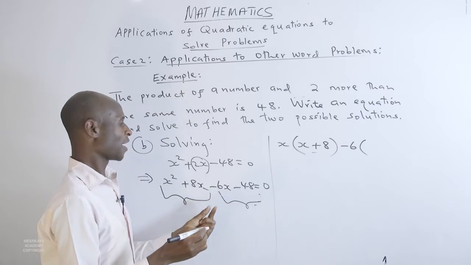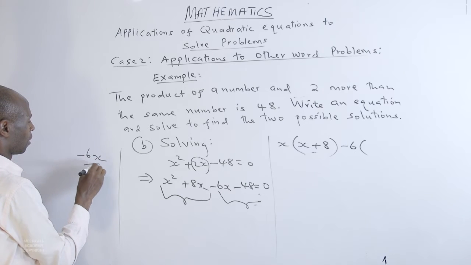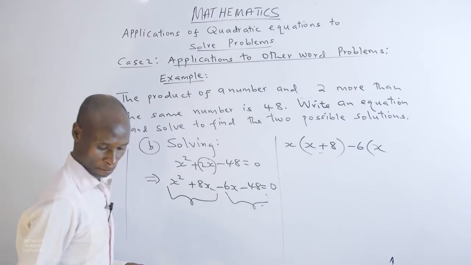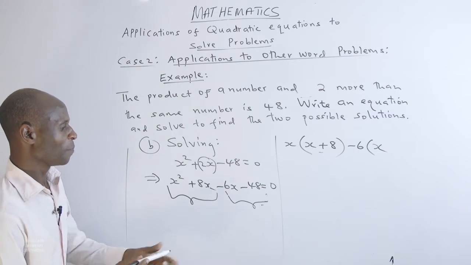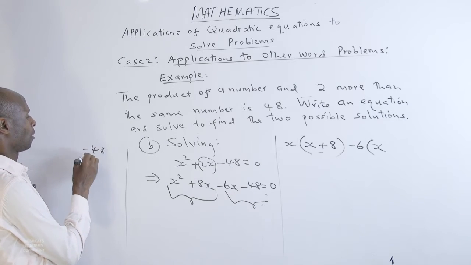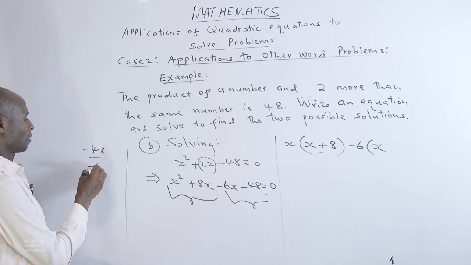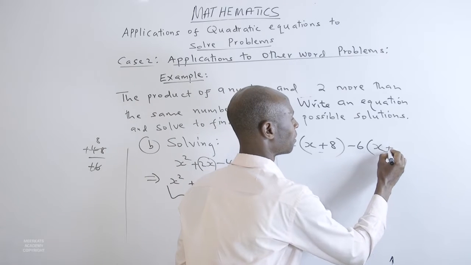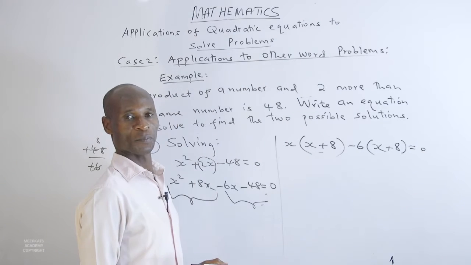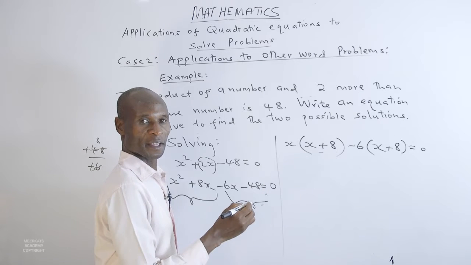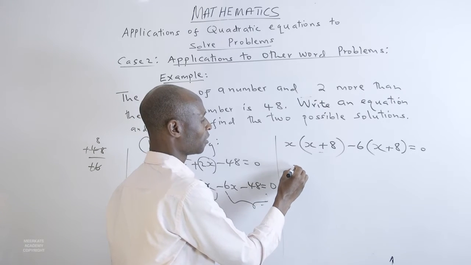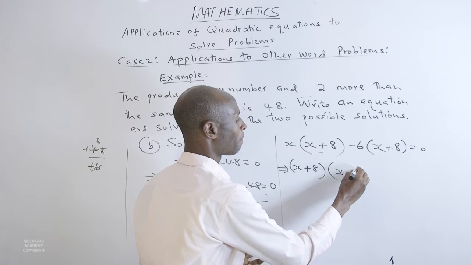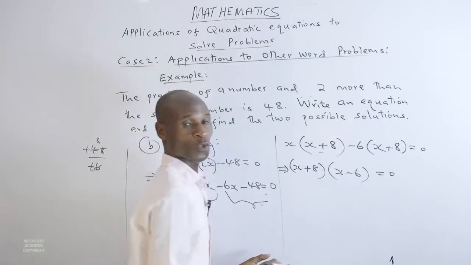Negative 6x divided by negative 6 leaves x, and negative 48 divided by negative 6 is positive 8, equal to 0. So we identify the repeated linear factor, x plus 8, times the other factor, x minus 6, equal to 0.